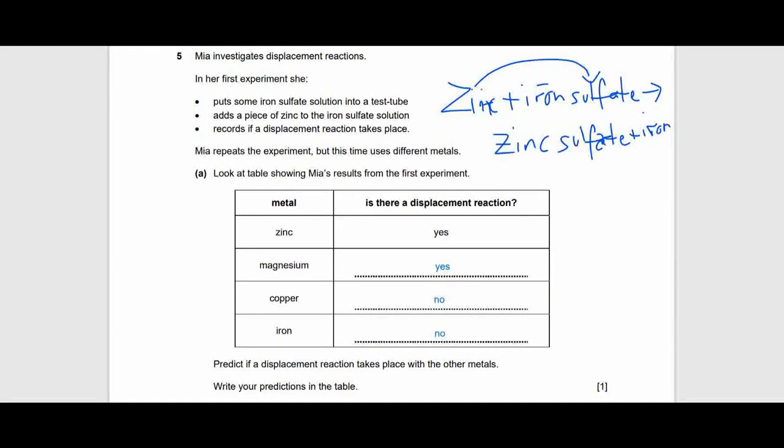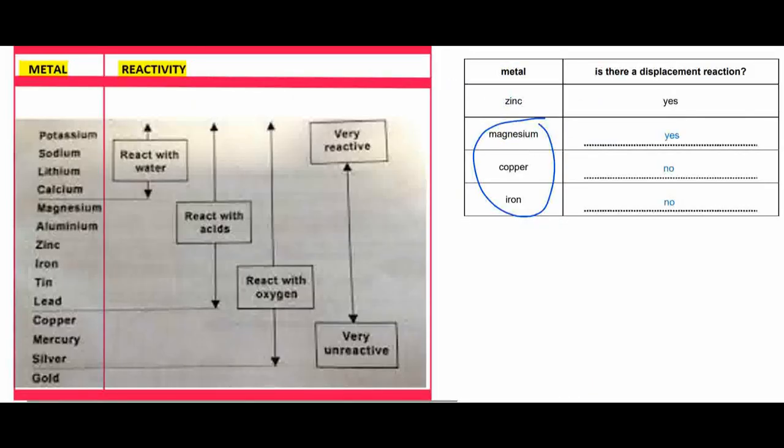Now we have to use the reactivity list to compare magnesium, copper, and iron with the iron itself, because the solution is iron sulfate. Let's see the table of reactivity.